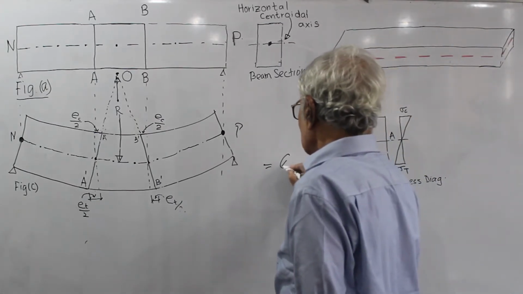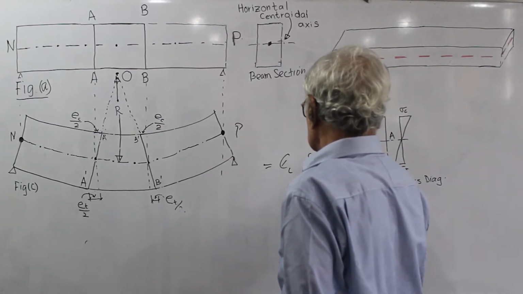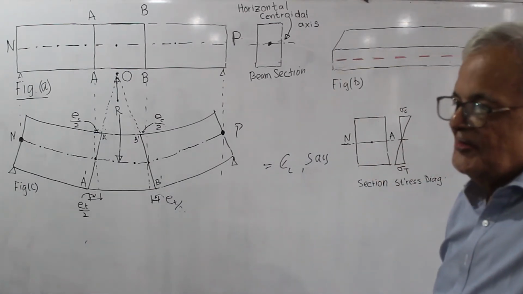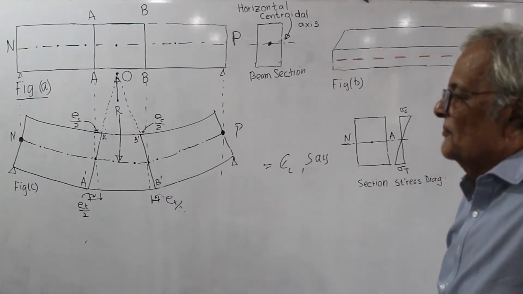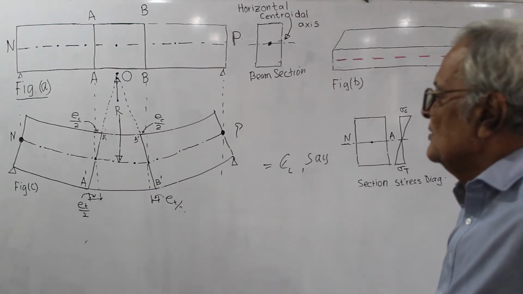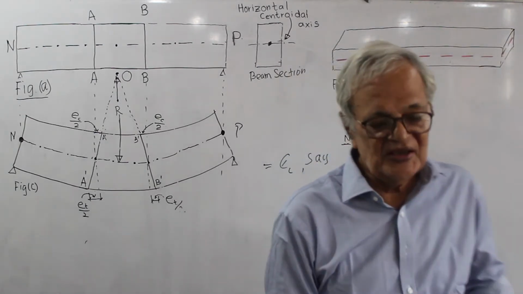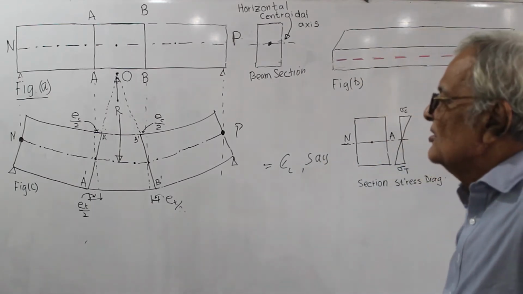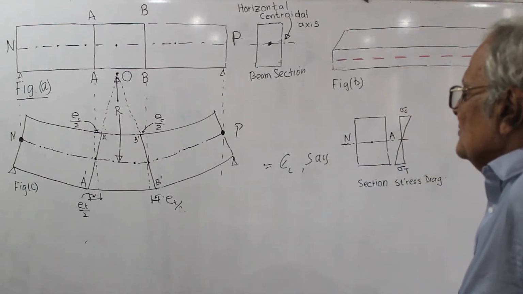This strain is a compressive strain producing a compressive stress sigma C at the top of the beam.